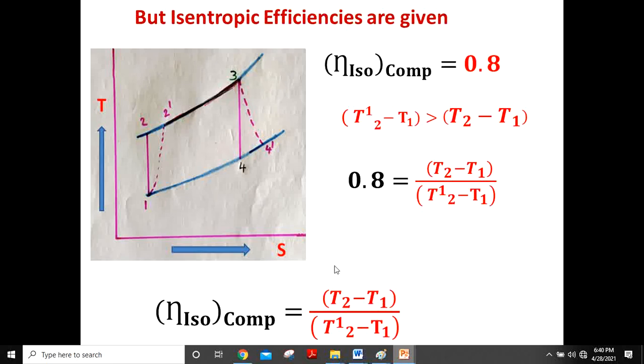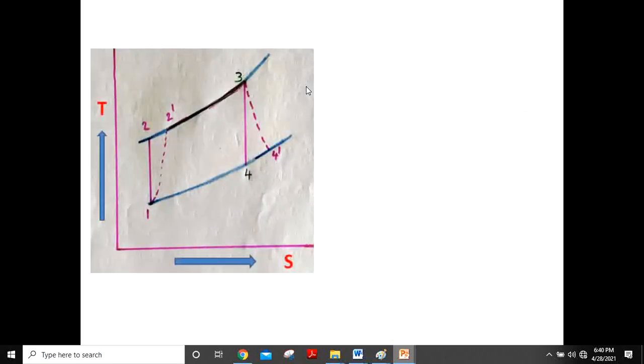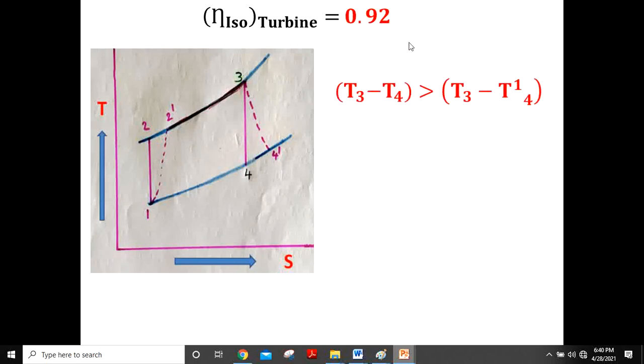Similarly, this is the isentropic compression, and isentropic expansion is 0.92, which is less than 1. Therefore, this should be in the denominator and this should be in the numerator, that is T3 minus T4 dash. T3 minus T4 is greater than T3 minus T4 dash.